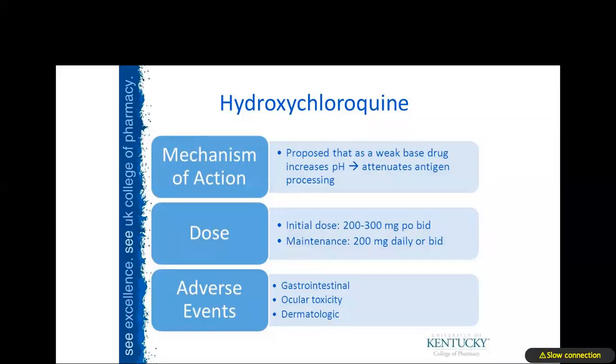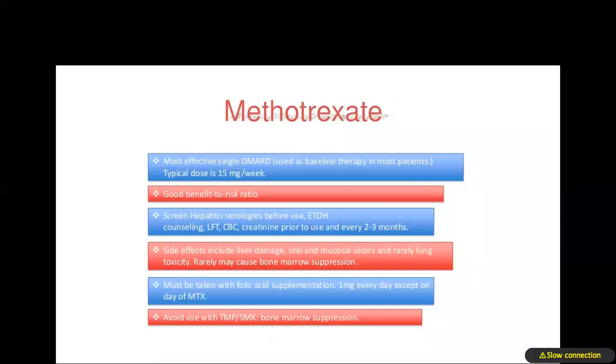Okay, let's go to methotrexate. Anyone wants to clarify? Yeah, okay, fine. So methotrexate is given once a week as 15 to 20 milligrams, and it is generally quite a safe drug. We have taken it in Sri Lanka since the 1980s, and the patients are very scared because they think it's a cancer drug.